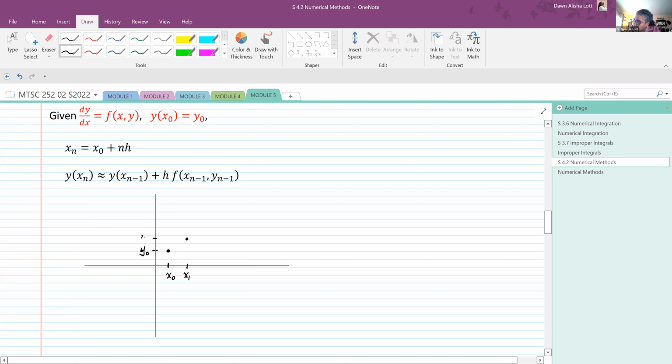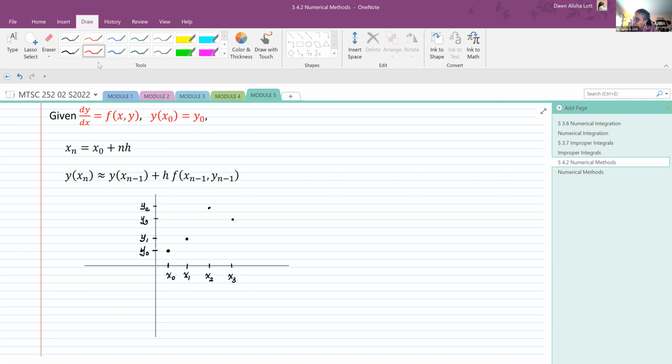That will be y1. Then we're going to go the same distance again to x2, and maybe y at x2 is y2. And then we'll go again to x3, and maybe y at x3 is y3.